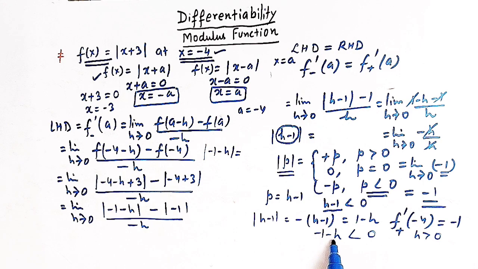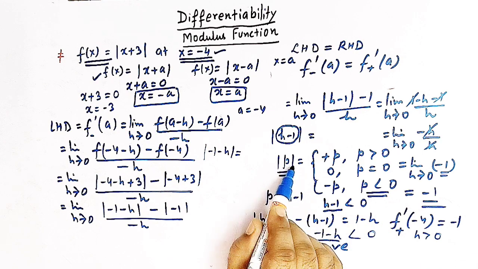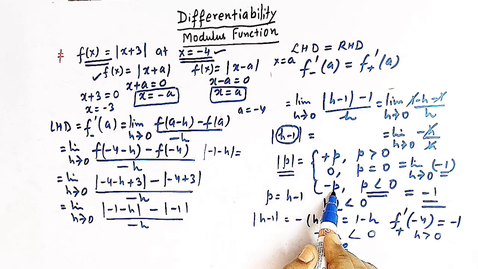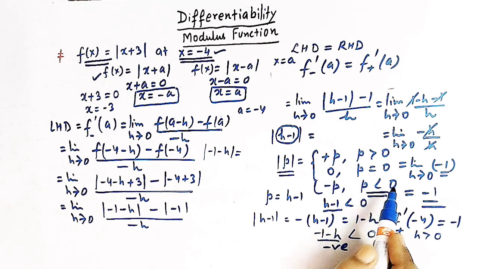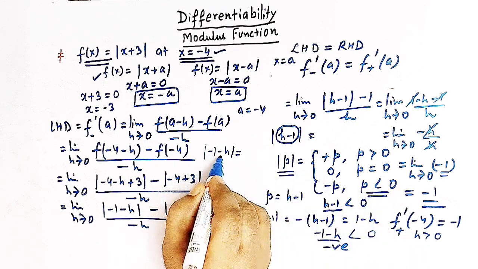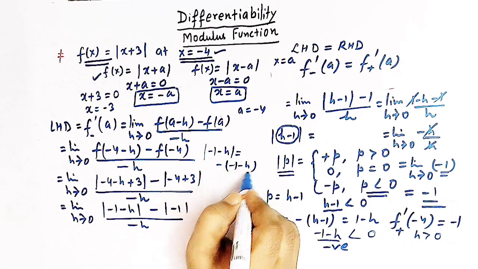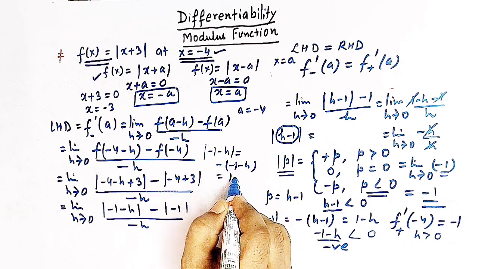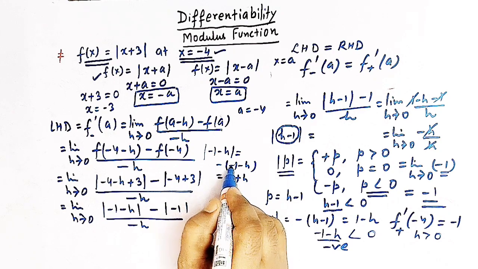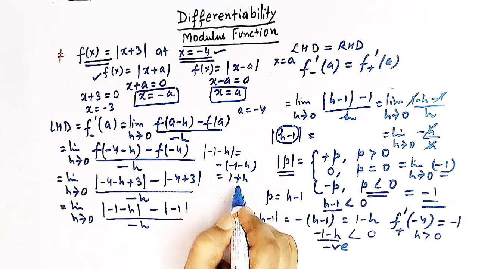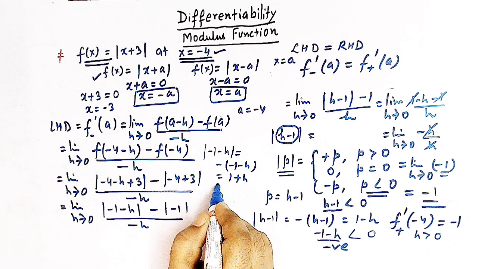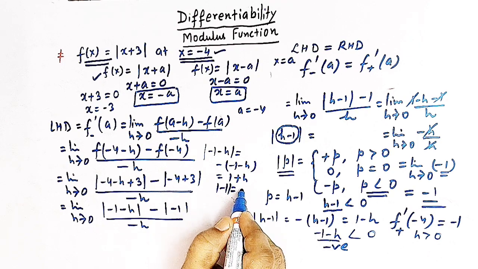So minus 1 minus h is less than 0, that is, this quantity is negative. So again mod of p is equal to negative p when p is less than 0. So mod of minus 1 minus h is equal to negative of minus 1 minus h. So this is 1 plus h. So minus minus plus, minus minus plus, right? So mod of minus 1 is equal to 1.